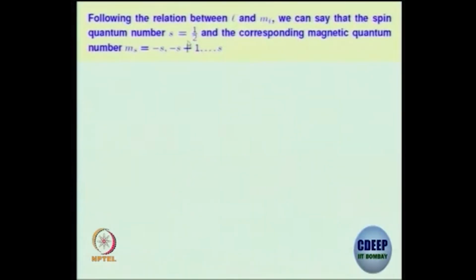This is in addition to the three quantum numbers which you had: n, the principal quantum number, L, the azimuthal quantum number, and ML, the magnetic quantum number.